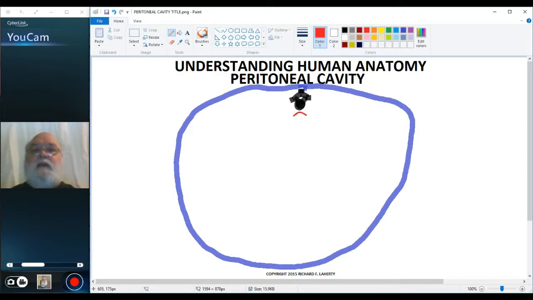We'll draw in an aorta. And just to make things complete, we'll draw in an inferior vena cava right next to the aorta.